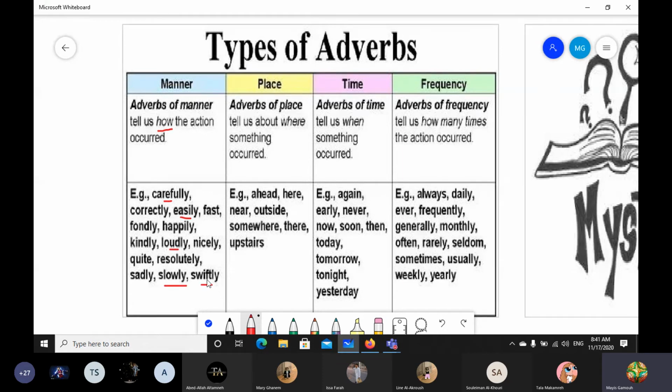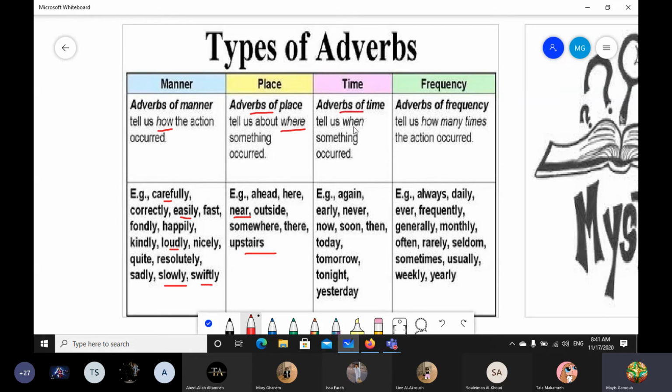Swiftly means fast, in a fast manner. The adverbs of place tell us about where, such as ahead, here, outside, inside, upstairs, downstairs, and somewhere, near, far.